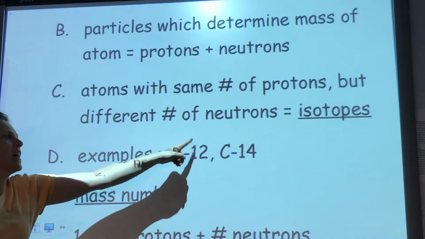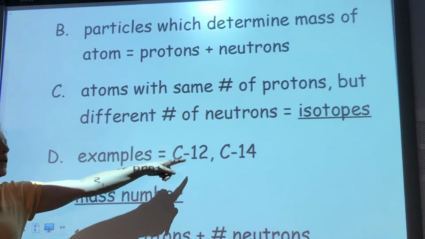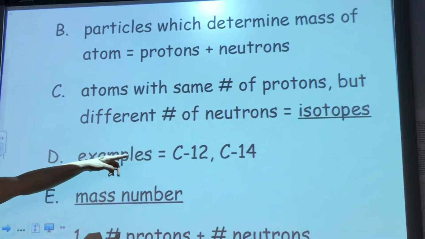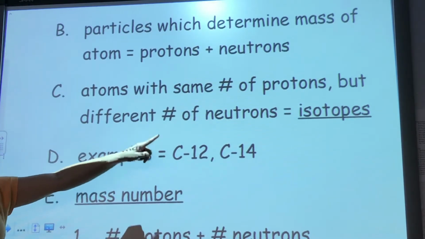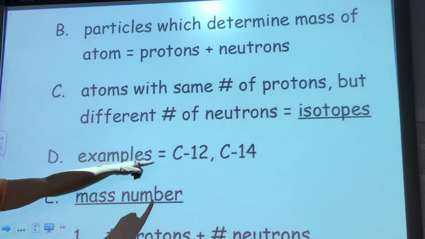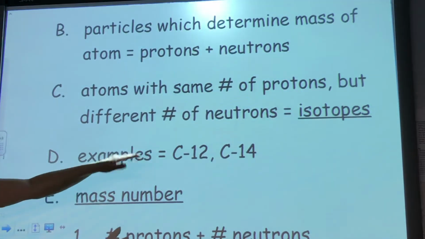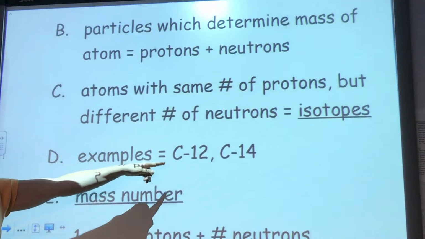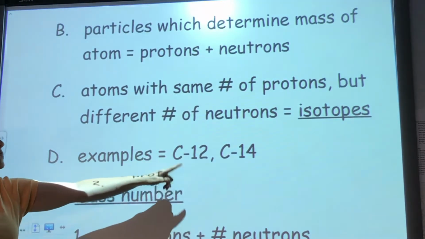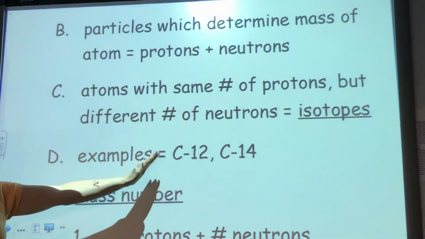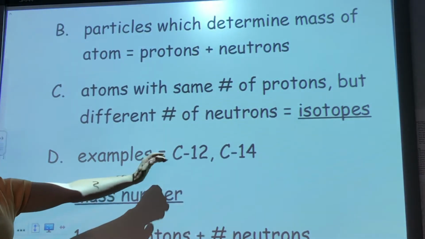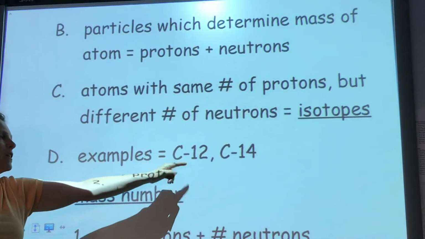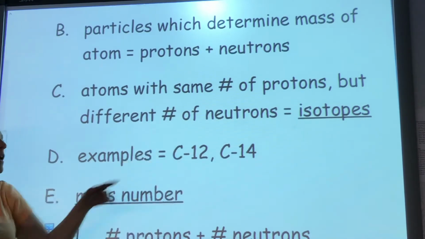We know that if carbon has a mass of 12, 6 of that has to be due to protons, because carbon has 6 protons. If it has a total mass of 12, that must mean that there are 6 neutrons, because the 6 protons make up 6 of the 12. The rest of it has to be neutrons. So it makes a total of 12.